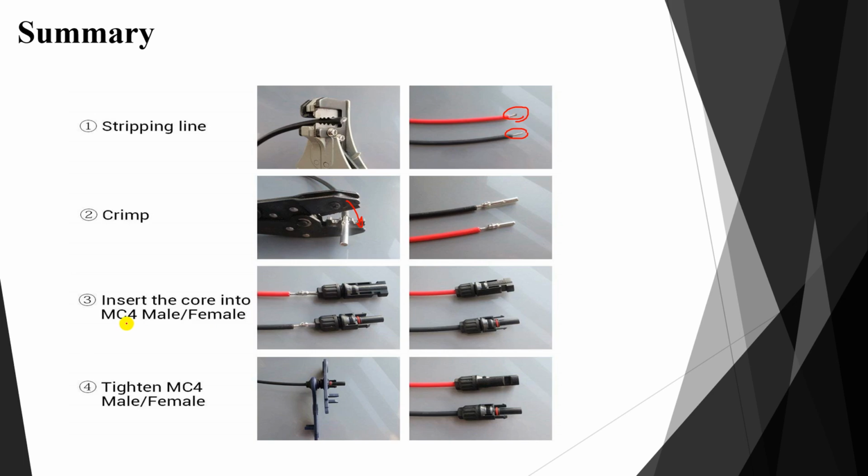Remember, we said before that we use MC4 male and female to connect between two panels. So I'm going to open this part, then insert this one and this one, and start rotating to keep it in place. Then we are going to tighten the MC4 male and female using these tools.